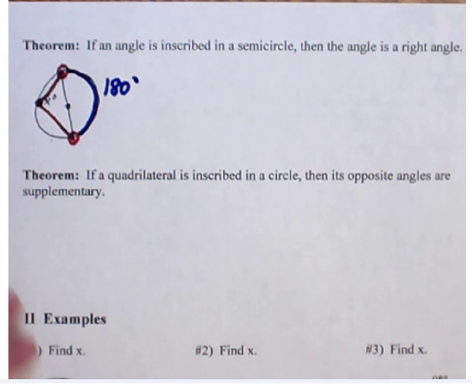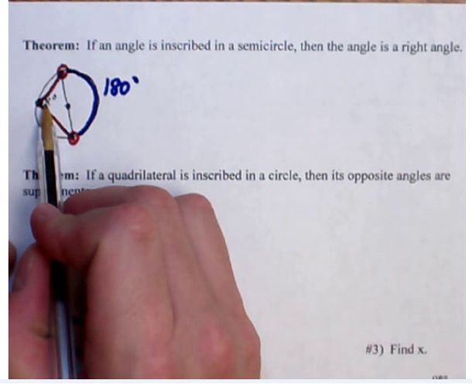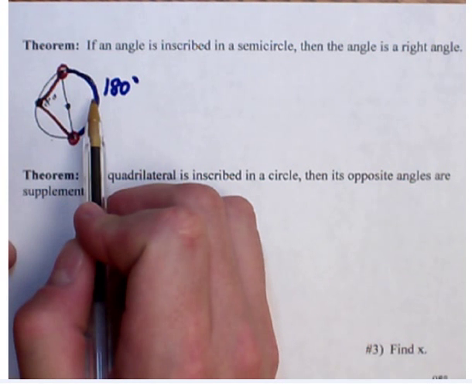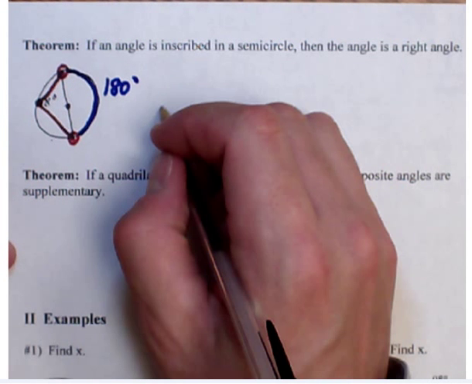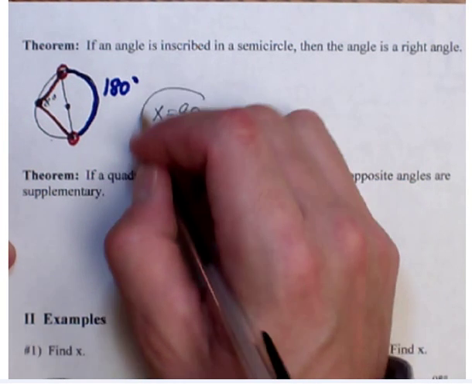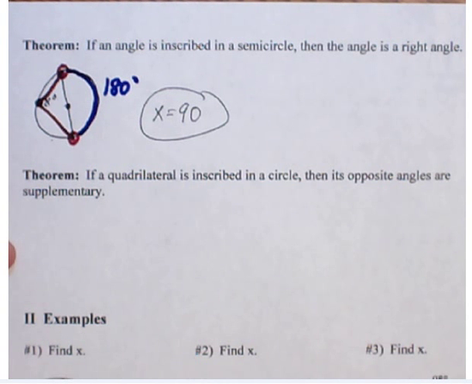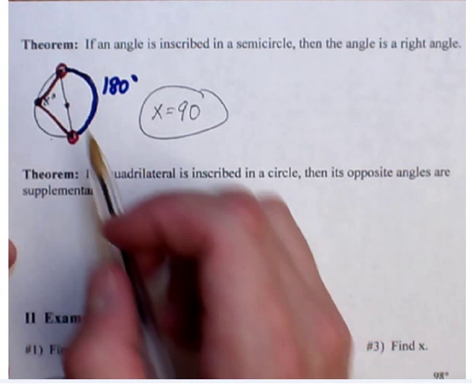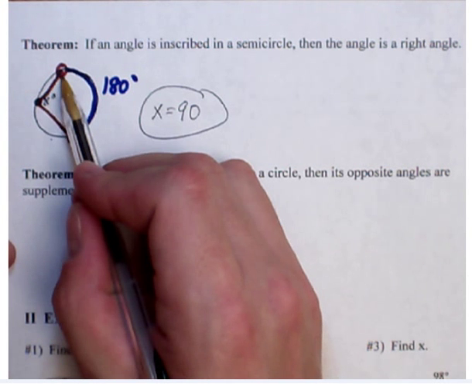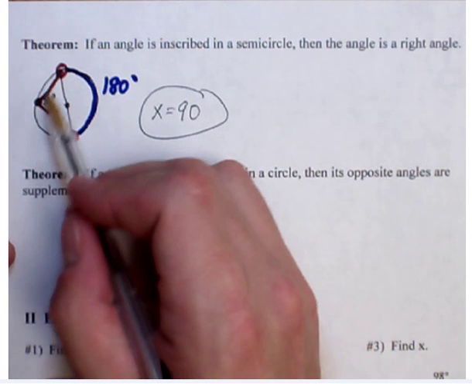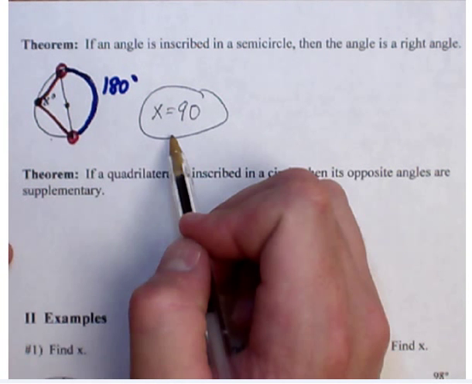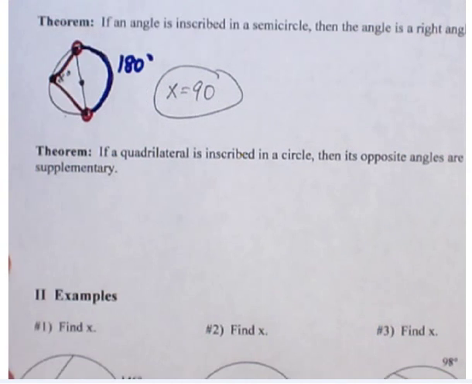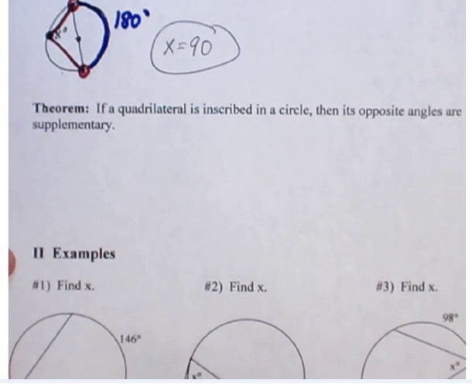Now, if we have an inscribed angle like x, you know it's half of the intercepted arc measure. So if this is 180, then we know that x equals 90. This is always true. If an angle is inscribed in a semicircle, then it has to be a right angle. Always true.